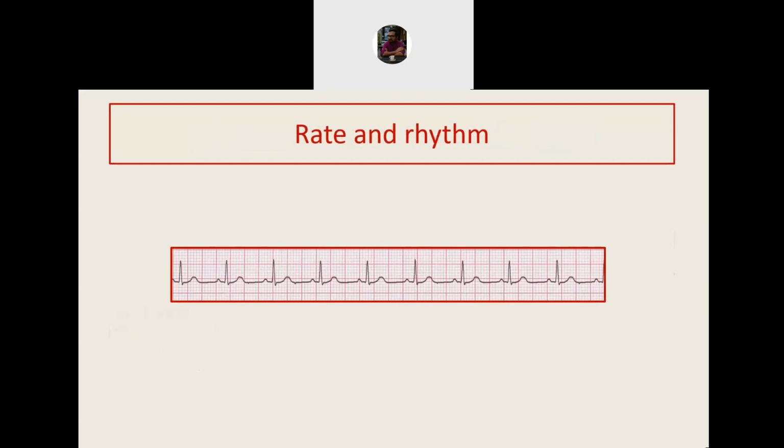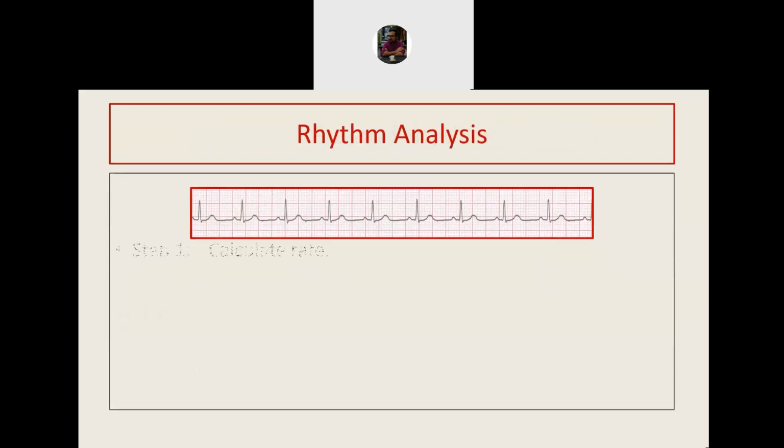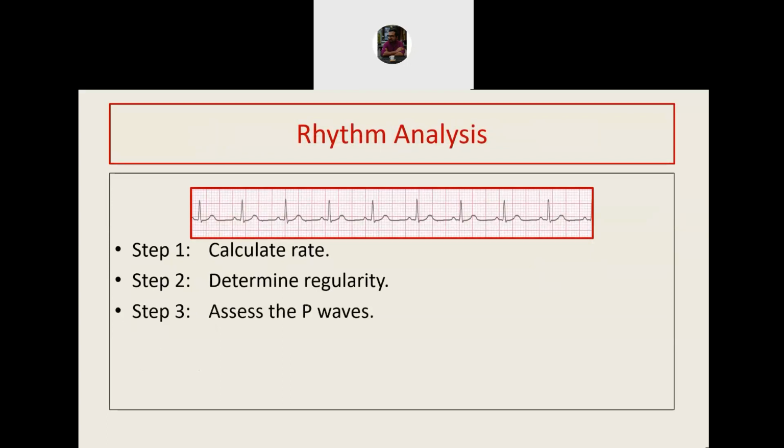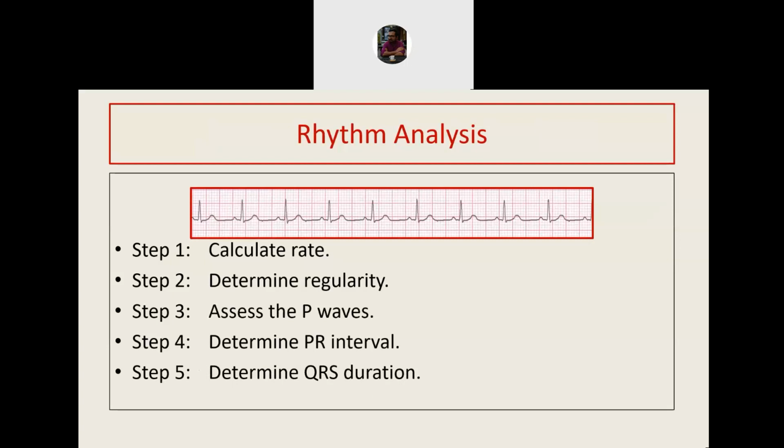When an ECG strip is given to you and you have to find the rate and rhythm, what are the ways to do that? In rhythm analysis, step 1 is to calculate the rate, step 2 to comment on the regularity, step 3 to assess the P waves, step 4 to determine the PR interval, and step 5 to determine the QRS duration.